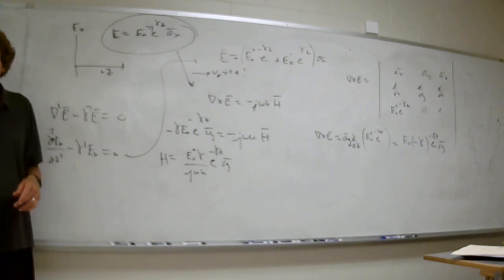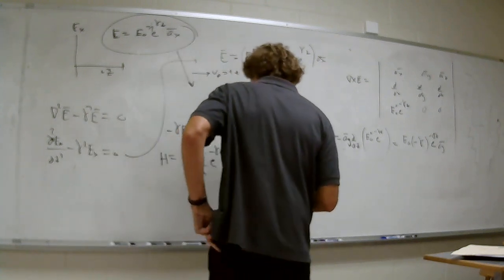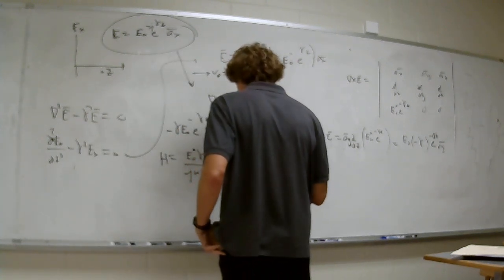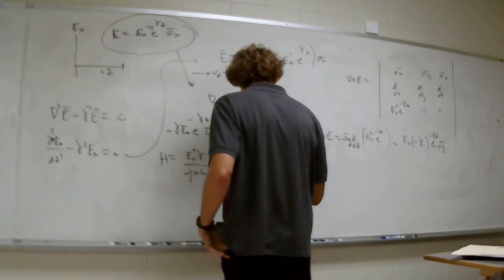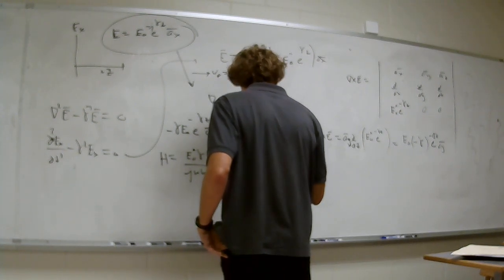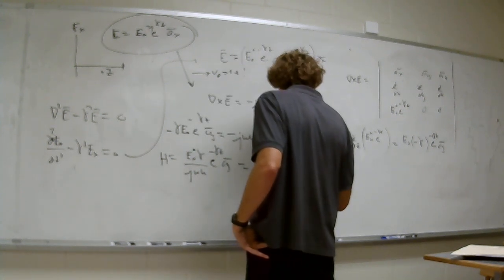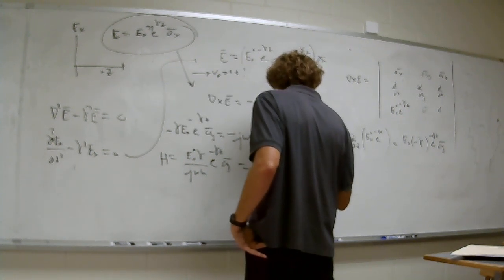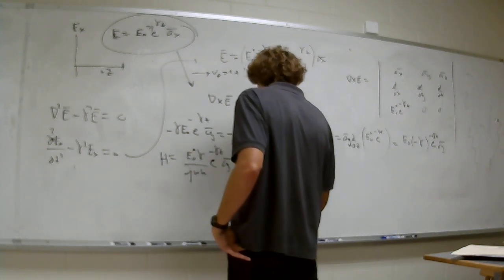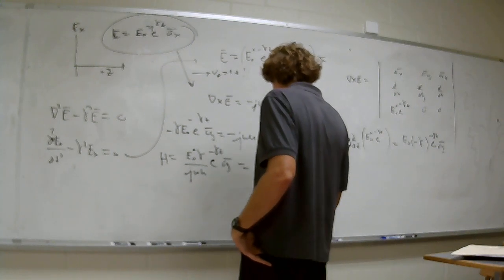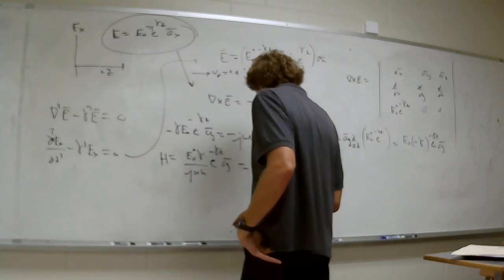This is important. So if I take a look at this carefully, I can say I have E naught plus times e to the minus gamma z a_y, and then it's divided by j omega mu over gamma.